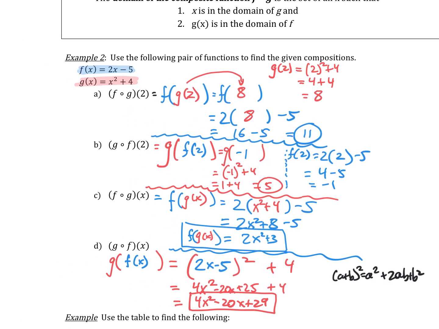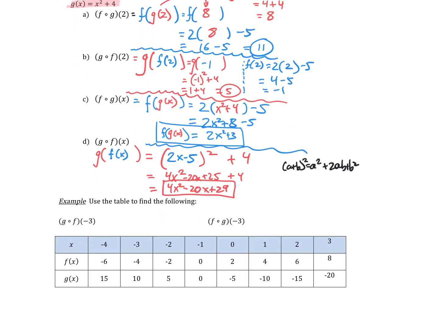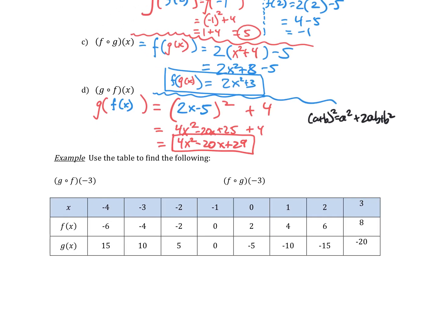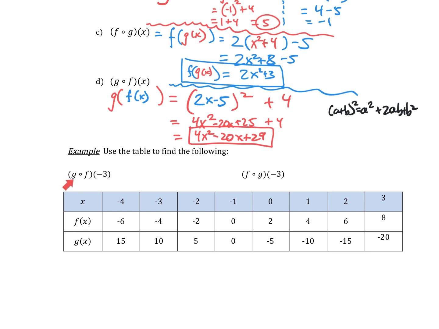All right, so that's what a composition is, and that's how that works. So one other way we can find compositions is if we have a table of values. And so if we have g of f of negative 3, well, first of all, it's best to rewrite this. So let's rewrite this as g of f of negative 3. That'll probably make more sense.